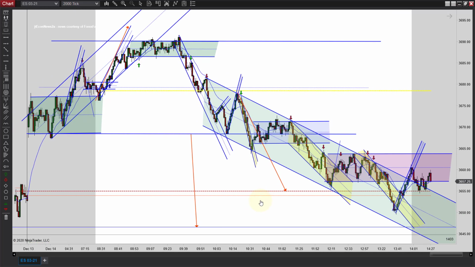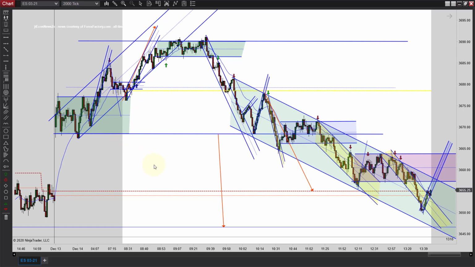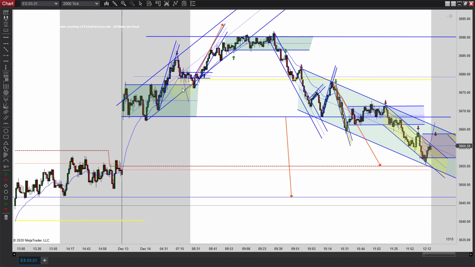But for the most part, this was a downtrend day. This has been pretty typical. There was really no surprise at all that we traded lower today. And the reason I say that is because notice this is where we opened today, right here at the regular session where it turns white.